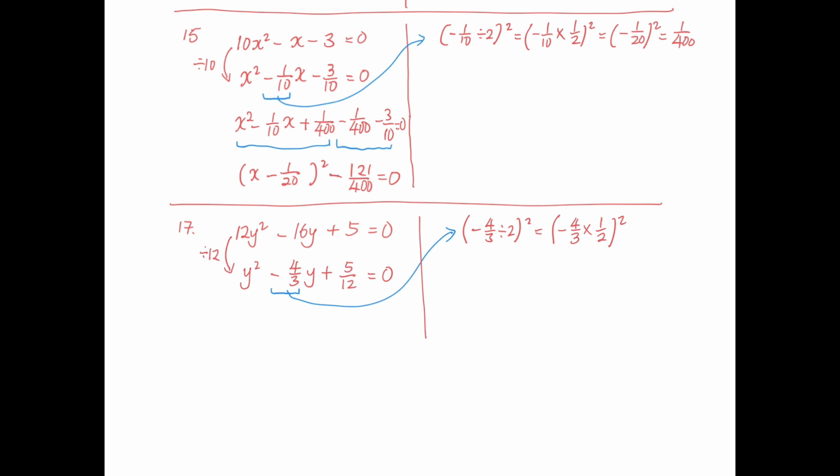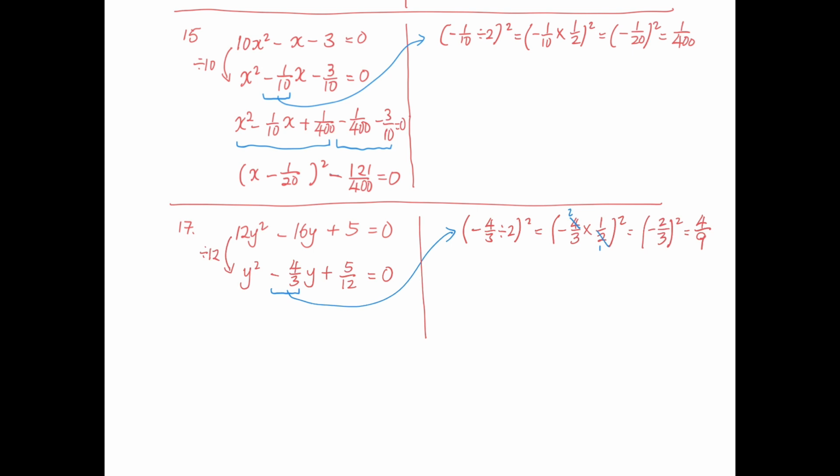For this case, we can simplify it by simplifying the numerator and the denominator. So the 4 becomes 2 and the 2 becomes 1. So in that case, we get minus 2 over 3 squared, and you square it and you will get 4 over 9.